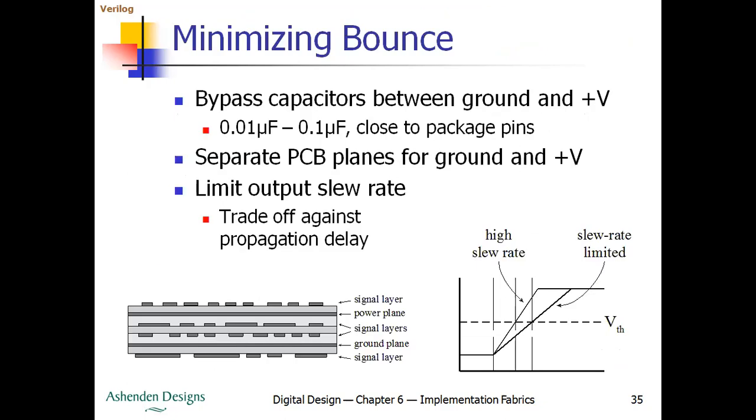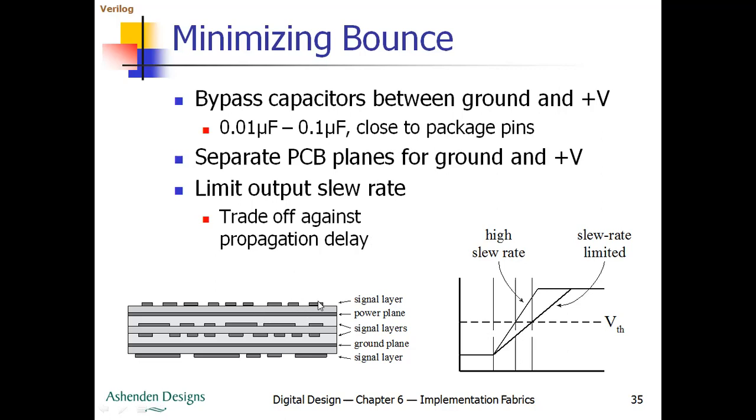The second solution is the use of separate PCB planes. As you can see here in the figure, you can use separate PCB planes, one for the ground and one for the plus VCC, so this inductance problem doesn't come into the picture.